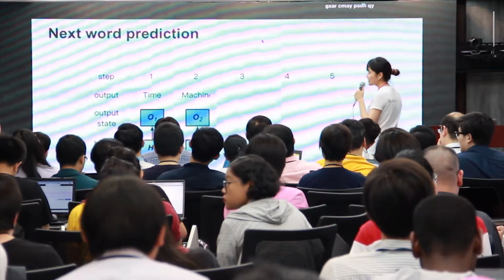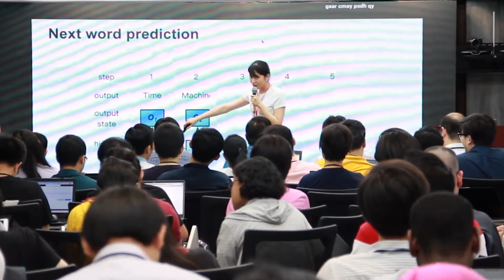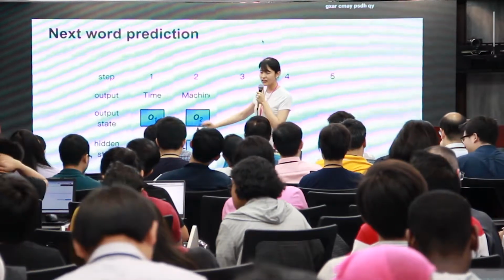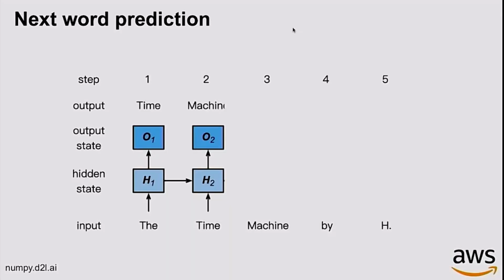So what I'm going to do next, the hidden state H1 will tell the hidden state H2, "I learned that previously there was a 'the', and I predicted 'time'." So hidden state 2 will know that a new "time" is coming in, along with the previous hidden state, and then it will predict the output O2, which will be "machine", the next word.